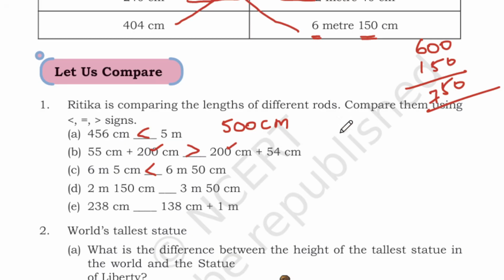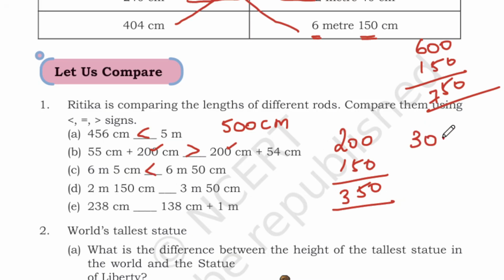So 2 meters is 200 plus 150, that is 350. So here we have 3 meter, which is 300 centimeter, and 50 centimeter. So 350, both are equal.